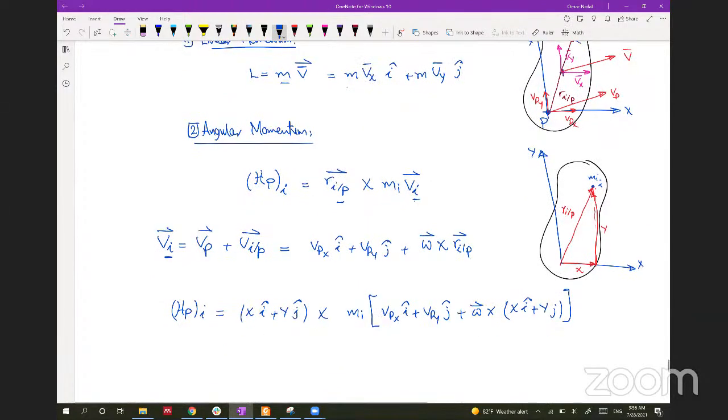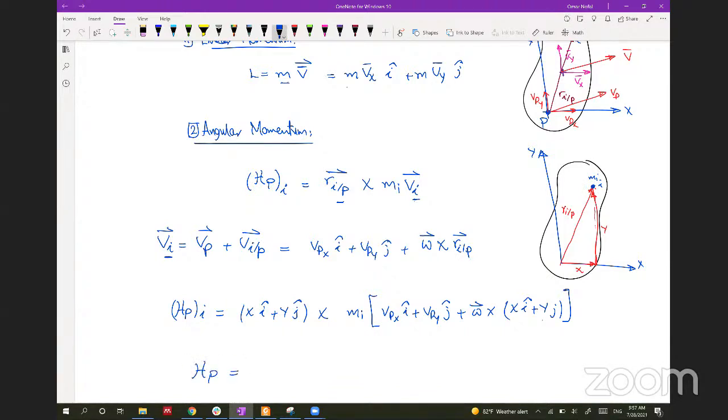So we expanded this equation and put in all the components. If we are done with the cross multiplications here, omega by this, and then we get all these terms and multiply them by another cross product with x in the i hat, and then integrate this equation to get not only m_i but the entire mass.